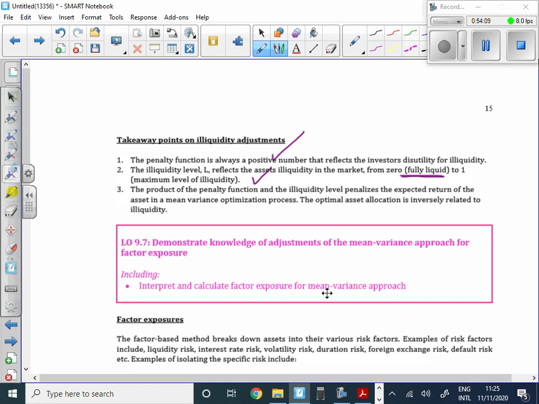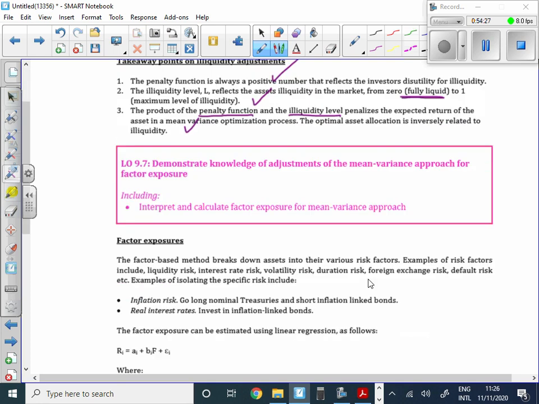And when I multiply the product of the penalty function and the level of liquidity, that will penalize the return in a mean variance optimization process. So just be mindful of those three particular points. Okay, what happens when I try and introduce factors into the mean variance approach?